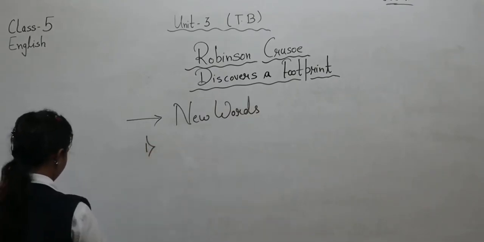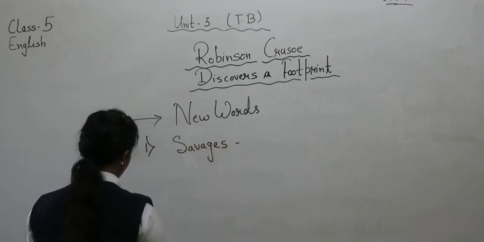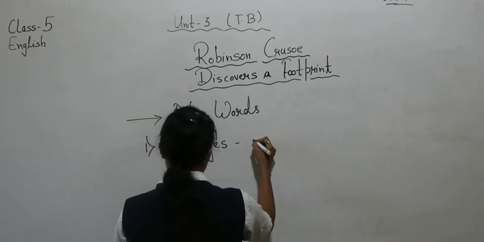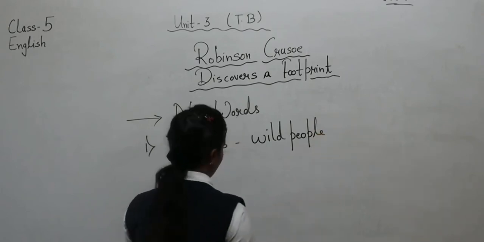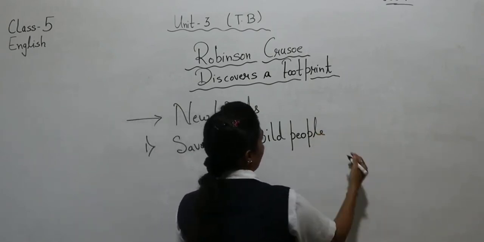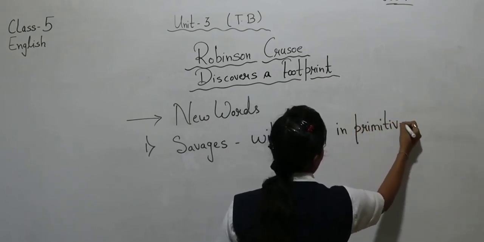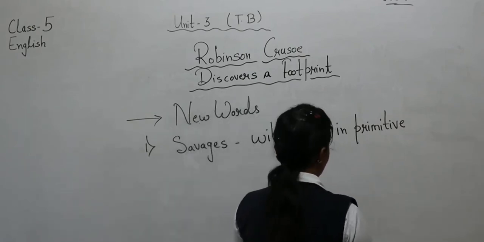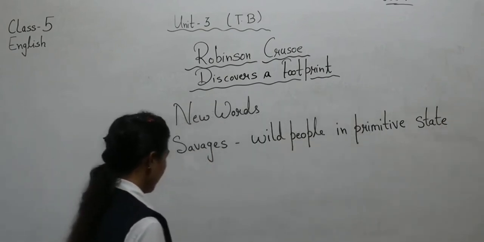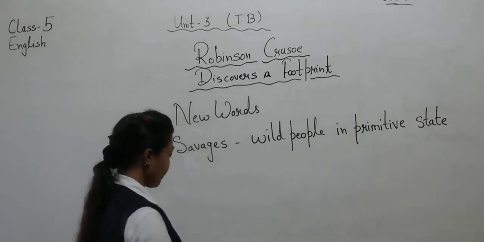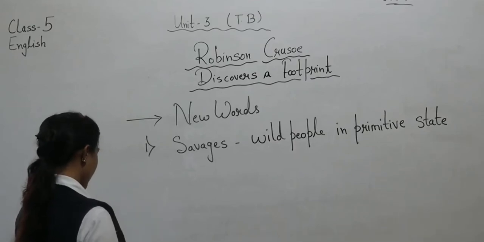First, savages: people in a primitive state. So primitive, that is vicious, brutal persons.